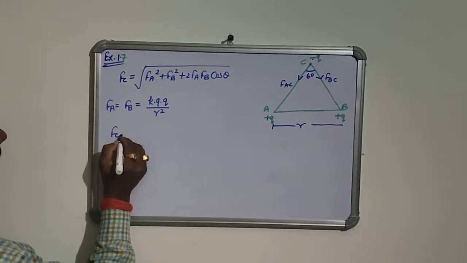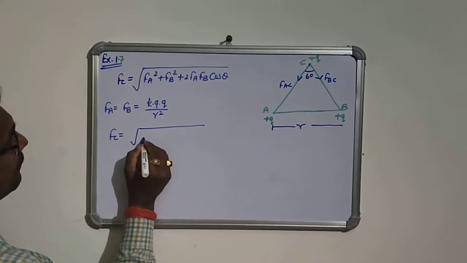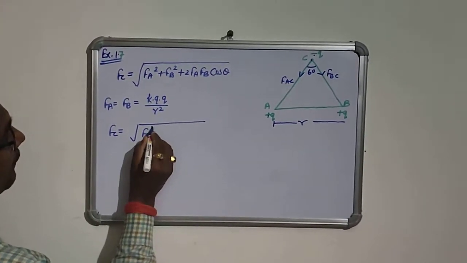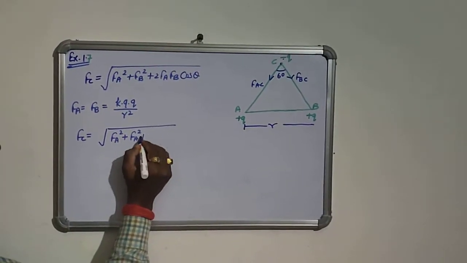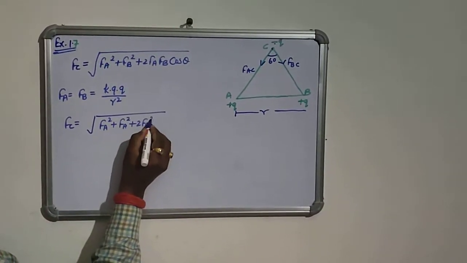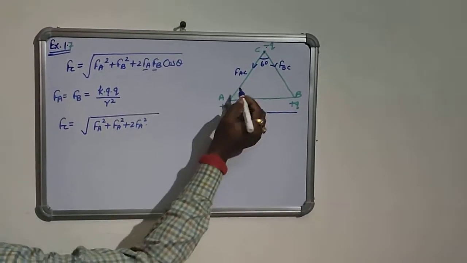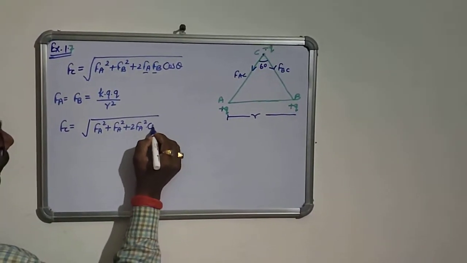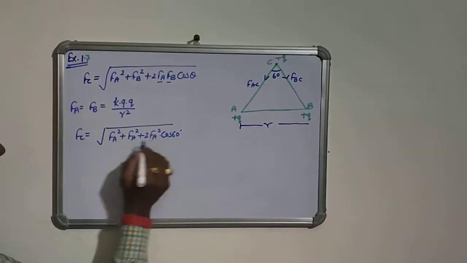So F_C is equal to the square root of F_A square plus F_A square plus 2 F_A square cos theta, because F_A equals F_B. Theta equals 60 degrees, and the value of cos 60 equals half.